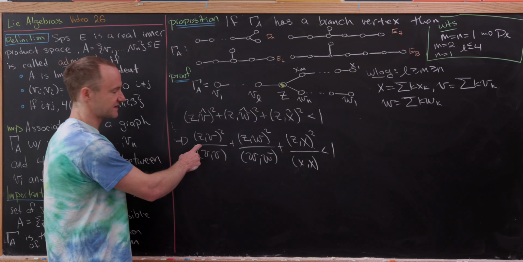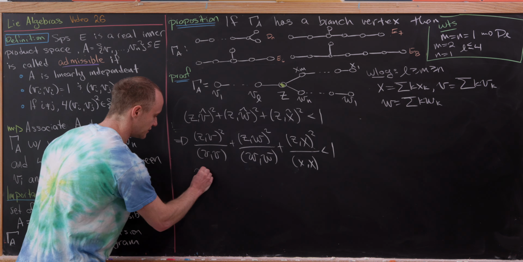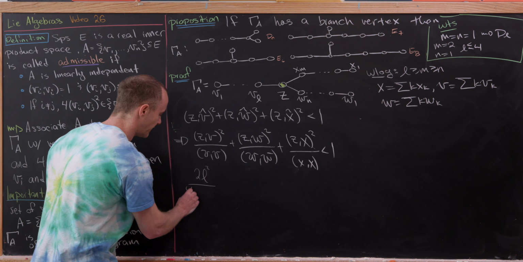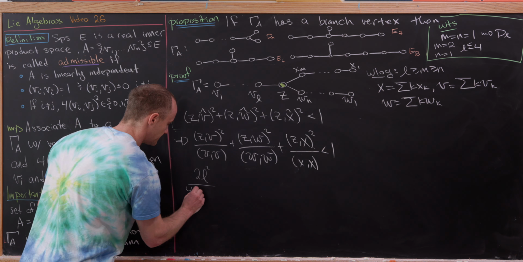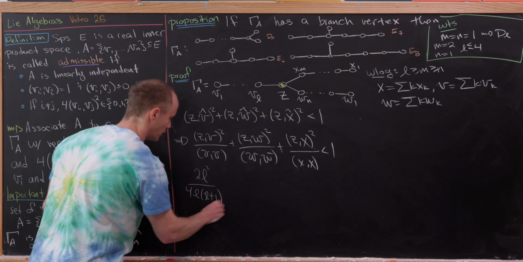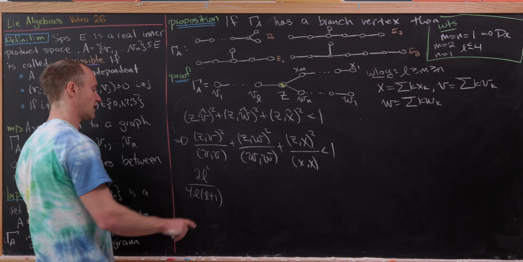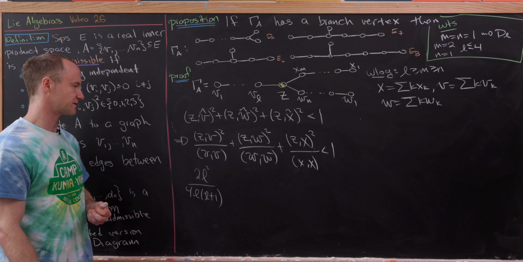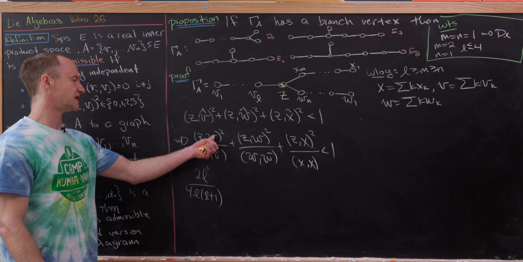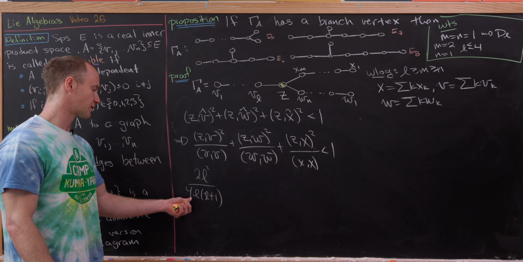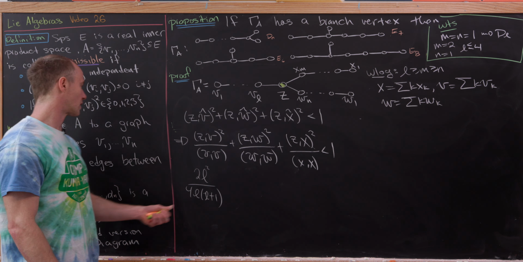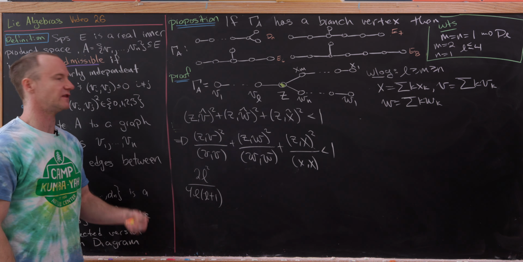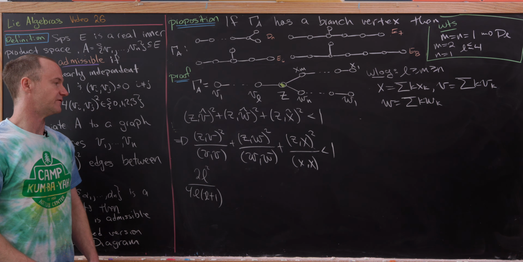So let's see, this numerator right here is going to be 2 times L squared, and then we know that the denominator will be 4 times L plus 1. And that's because we know the inner product of v with itself is L times L plus 1 over 2, so that's where this 2 comes from. And then the inner product of z with v squared is going to be L squared over 4, just based off this rule right here, how many edges we have here, and then the weighting of v.